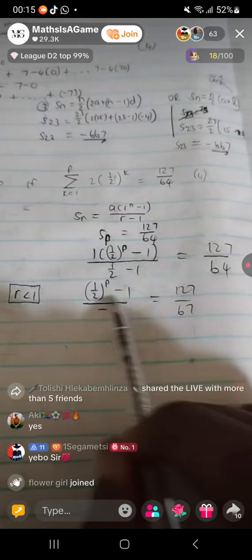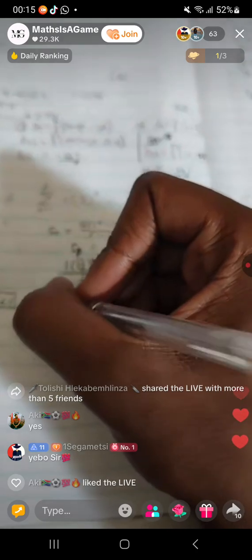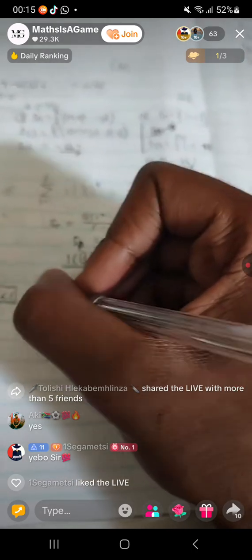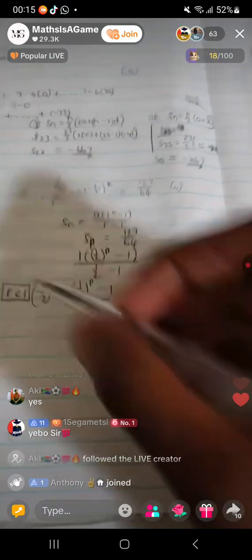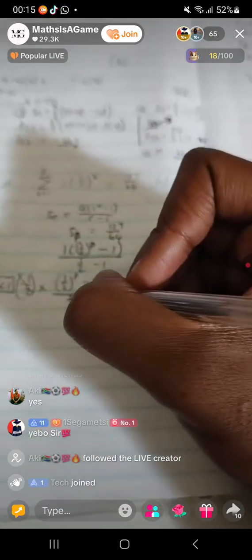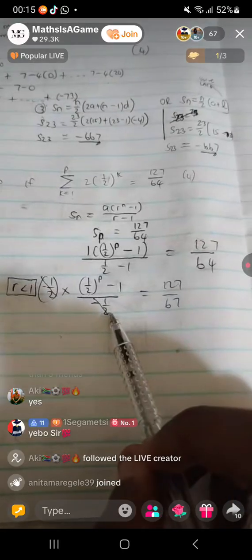Then the division of negative half needs to bounce. So we are going to multiply at the top by negative half, so that this negative half and that negative half cancel out. A negative divided by negative is positive.